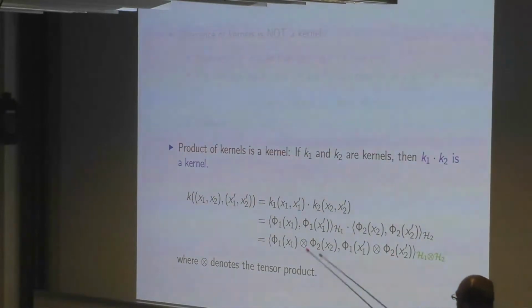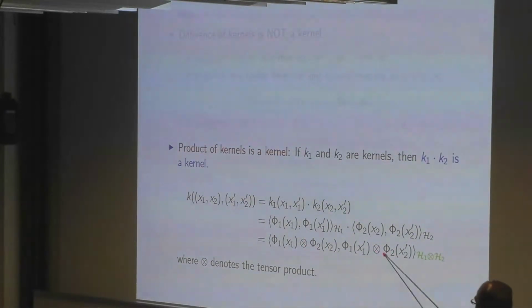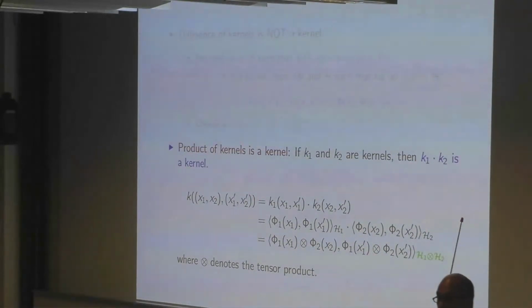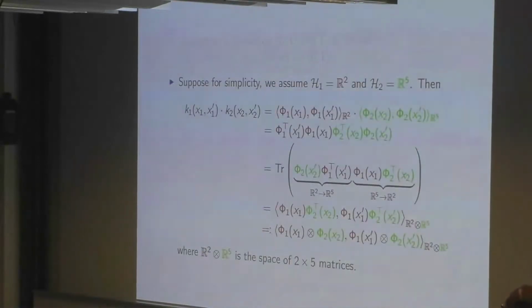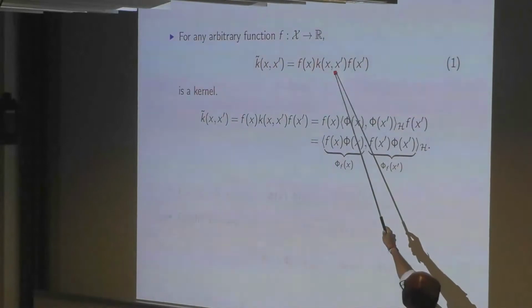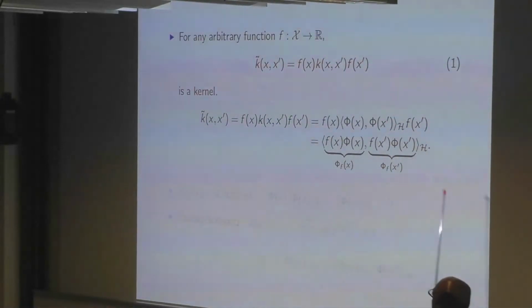So here you have established that there exists a feature map like this and a feature space like this, and therefore K is a kernel. For any arbitrary function, if I have a kernel K in this fashion, then this is also a kernel. This property is pretty useful if you need to prove that a Gaussian kernel is indeed a kernel, since it's not easy to show otherwise.